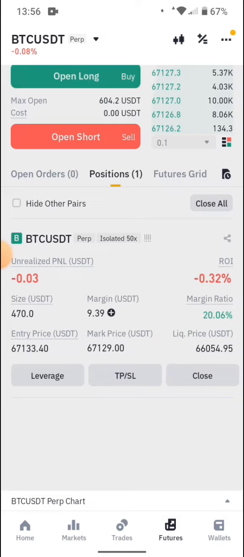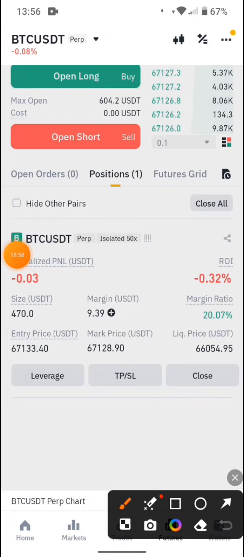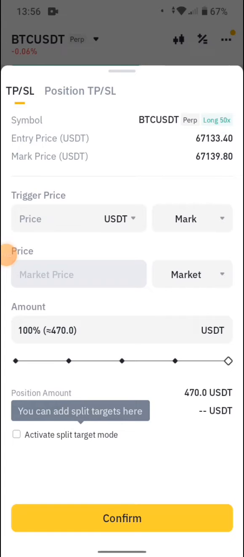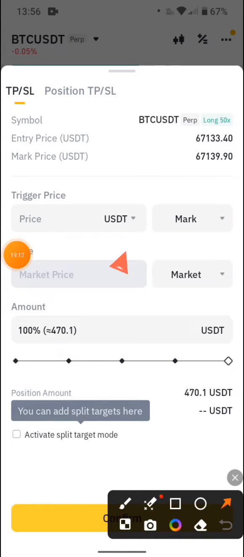Before we close, at the bottom here, if you want to set your take profit and your stop loss, you just tap in here and set your take profit. Let's say you entered at this particular price at the top, 67,133.